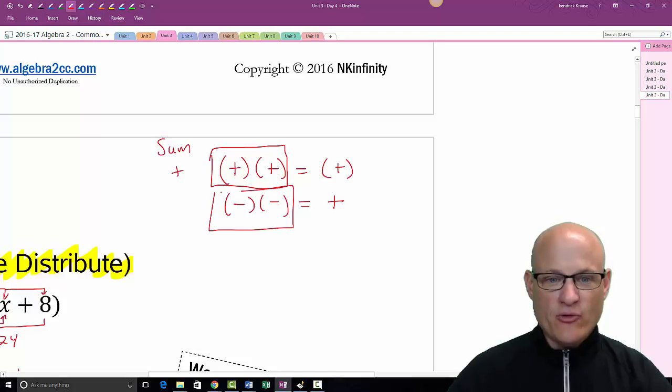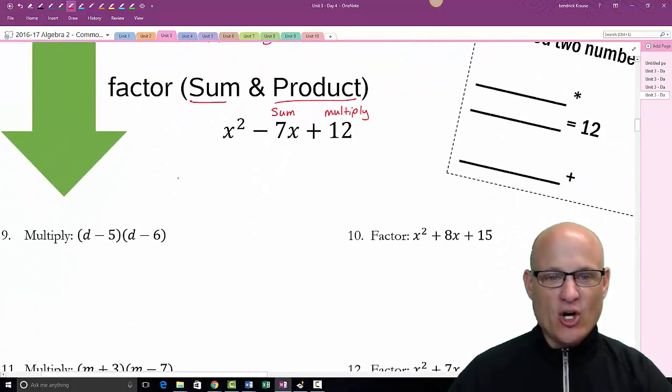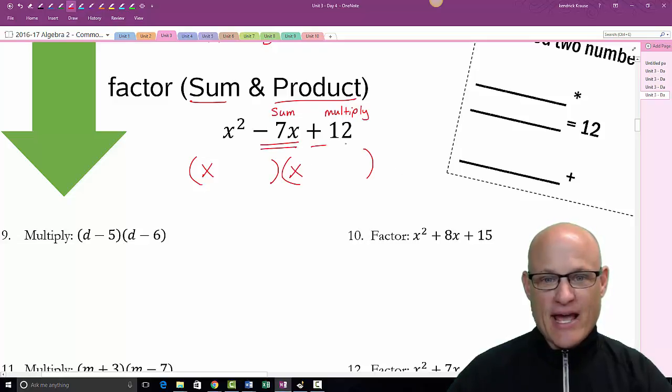When you add these two things, isn't their sum going to be negative? Well, that should help you when you're deciding. I know that when I factor this, x goes here and x goes here. They've got to sum to a negative, but multiply to a positive.